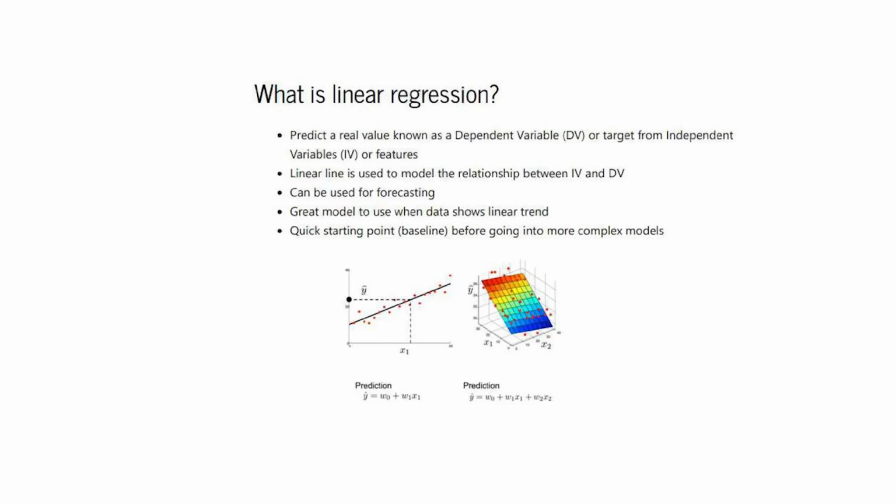So linear regression basically assumes that the relationship between the dependent variable and the independent variable is linear, and we can use it for forecasting stocks, prices, and so on. It's a great model to use when the data has some linear behavior, and it can also be used as a baseline before you go into more complex models.